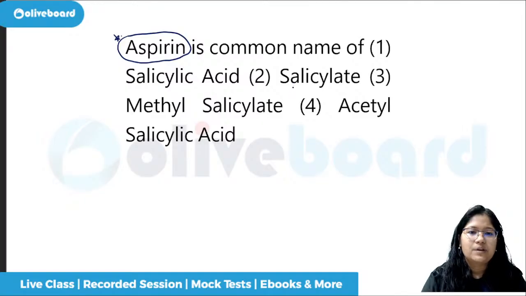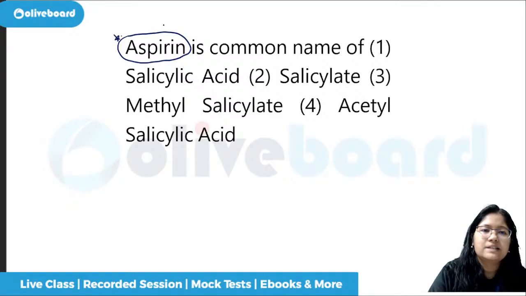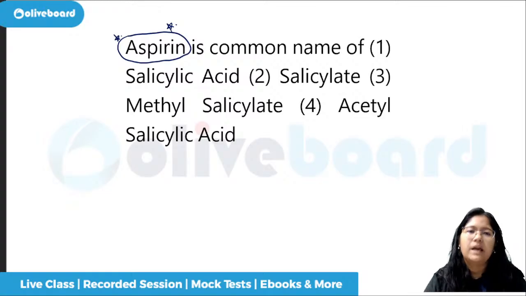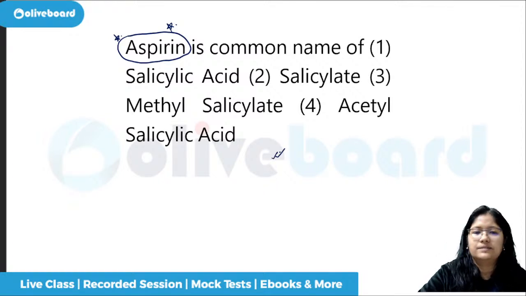It is nothing but acetyl salicylic acid, and in some kinds of diseases it is suggested to be always kept handy. So the answer here is option number 4, that is acetyl salicylic acid.